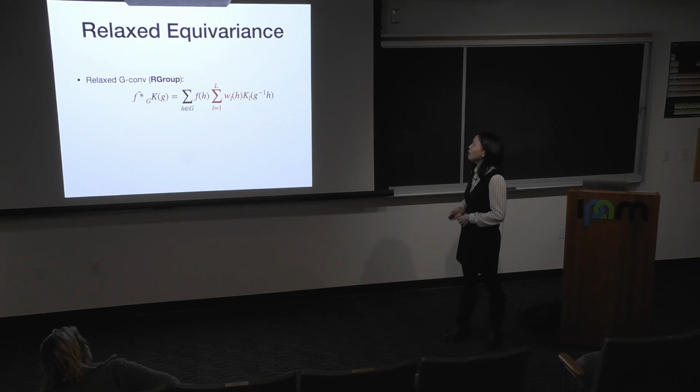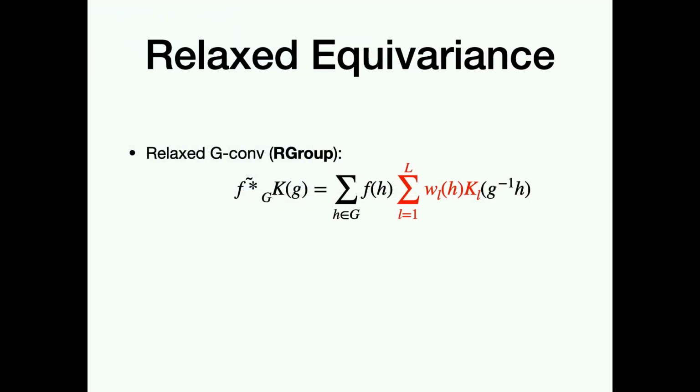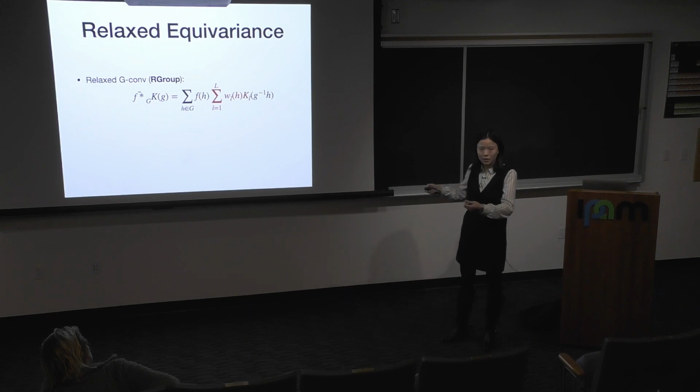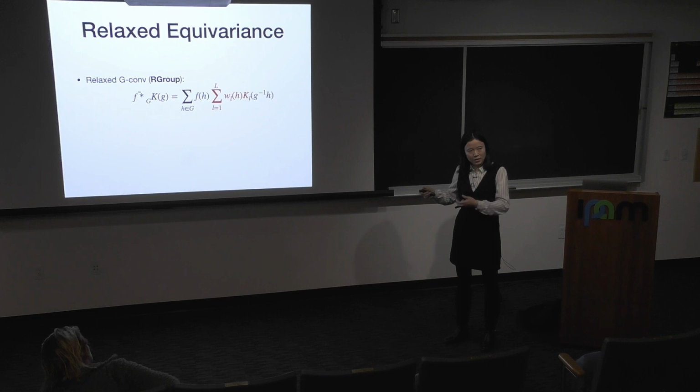Our technique is very straightforward. Take group convolution: we have a summation over group elements, the filter over the input, and then the kernel. The kernel is shared over all the inputs, so that's how we obtain perfect equivariance. But here we can break the symmetry by making the kernel dependent on the (g, h) pairs, where g is a group element and h is the input.